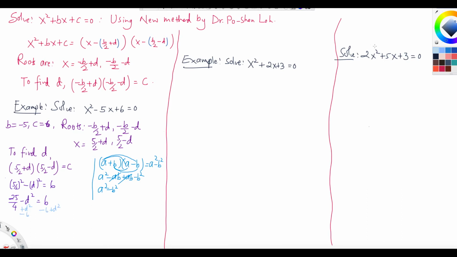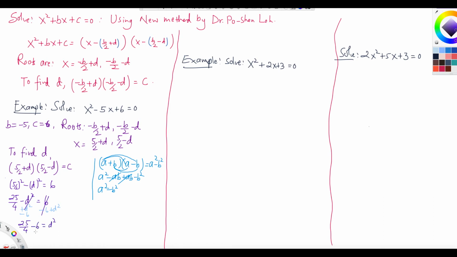What do you get? You cancel that: 6 minus 6, d squared minus d squared. So 25 over 4 minus 6 equals d squared.